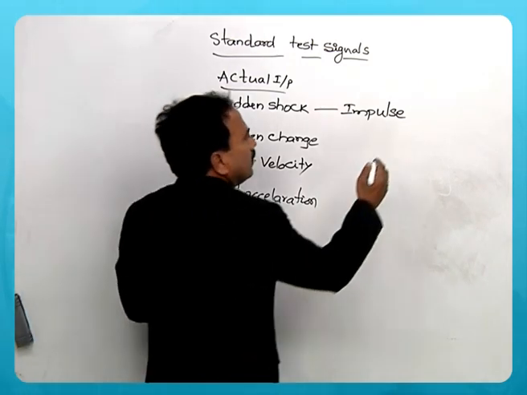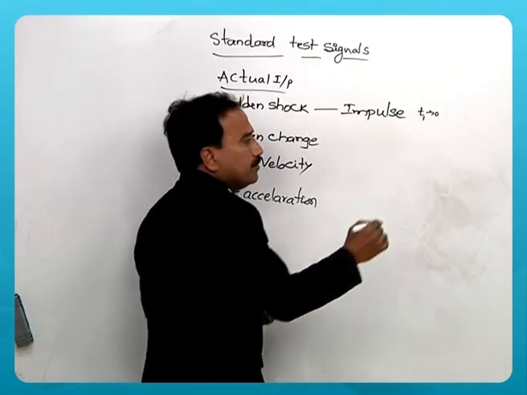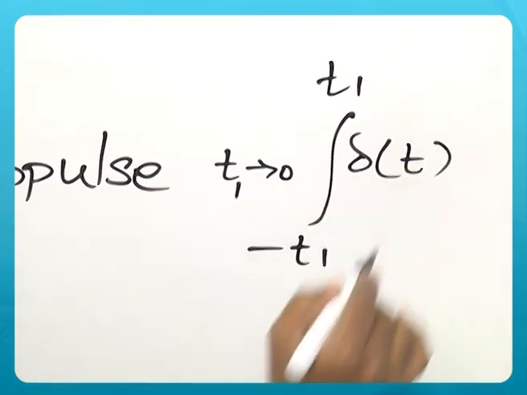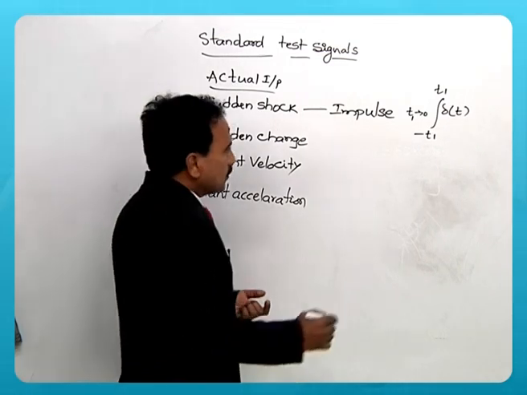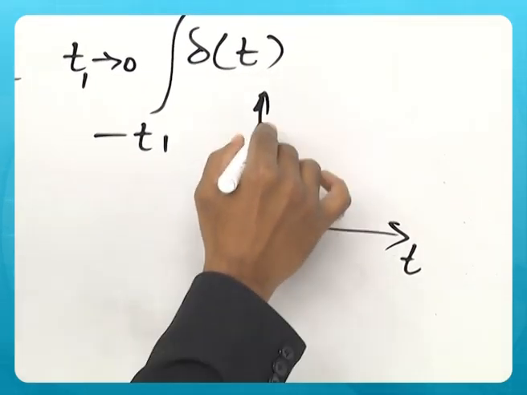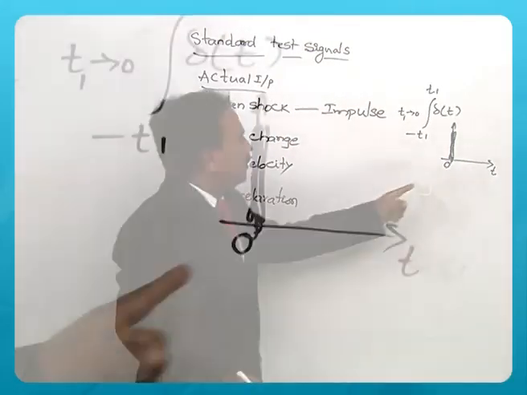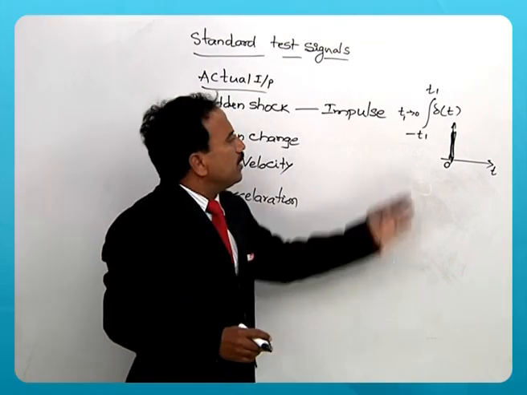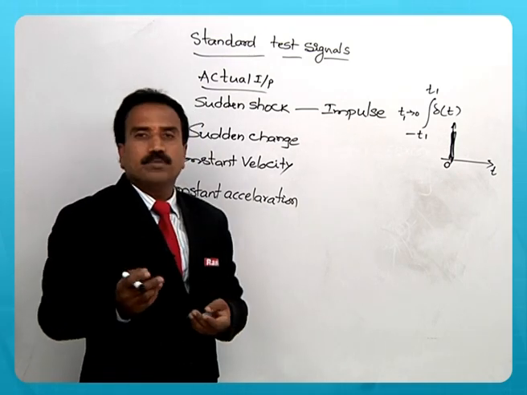This impulse signal is defined this way, with time T1 tending to 0. An ideal impulse is represented this way with respect to time. That signal should exist only at 0 time, and the rest of the time the signal will not appear. Impulse is that high magnitude in 0 time, but an ideal impulse is difficult.